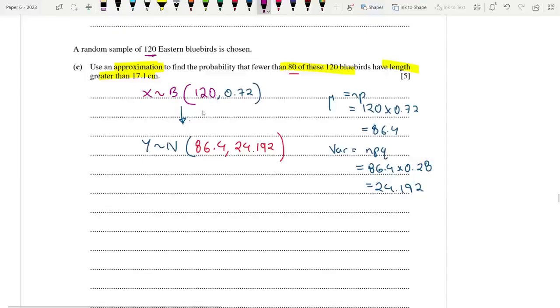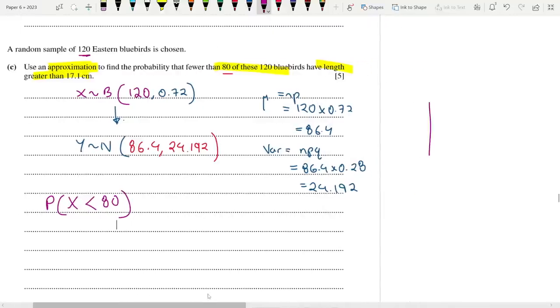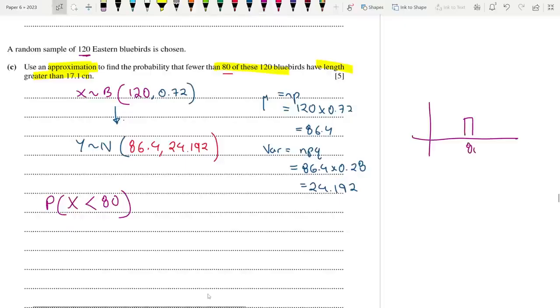Okay, now let's get to the main part. Fewer than 80. So what does that mean? P(X < 80). See how I used X, not Y, because that's the main distribution. So what does fewer than 80 mean? Suppose this is 80, this is 81, and this is 79. Fewer than 80 means that 80 is not included.